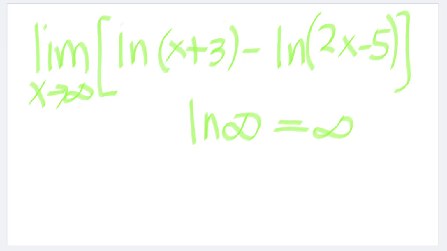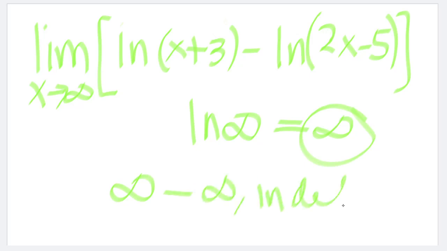So if you just substitute infinity to x, infinity plus 3 is a relatively large number plus a value 3, which would be equal to a relatively large number, and ln of a relatively large number according to this is infinity. So this is infinity, and this one would be infinity also. So minus infinity. And this is indeterminate.